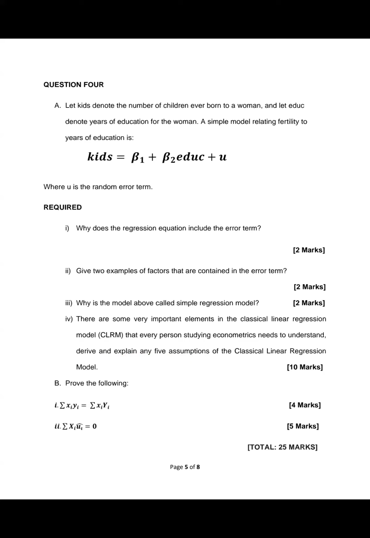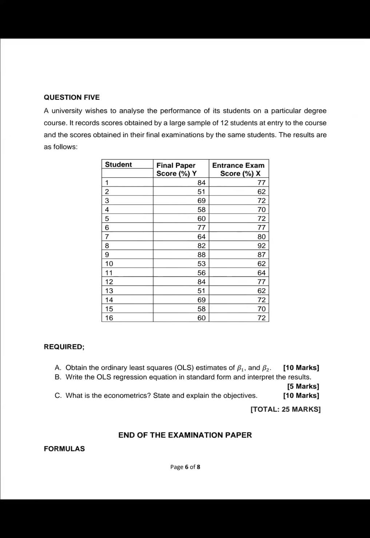And the equation has to be linear in parameters.